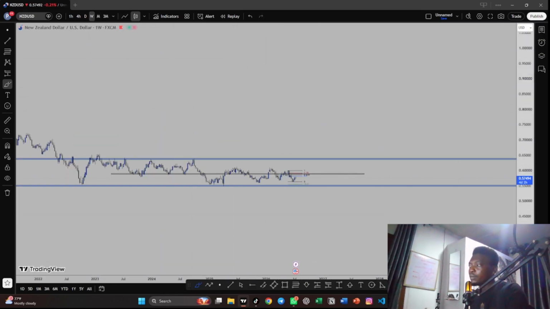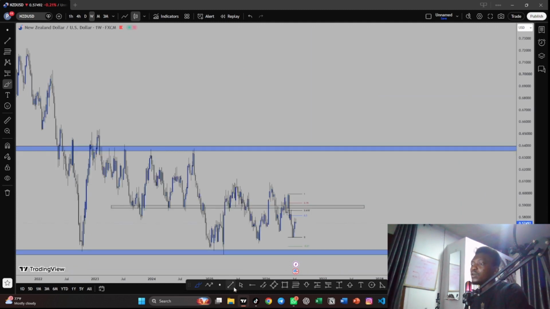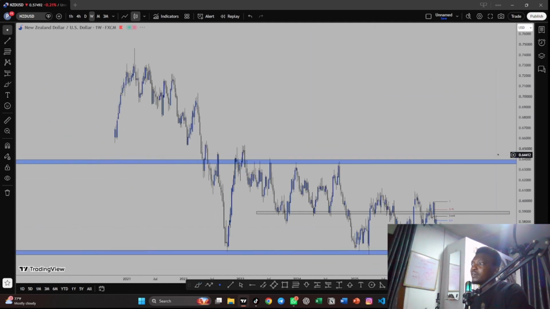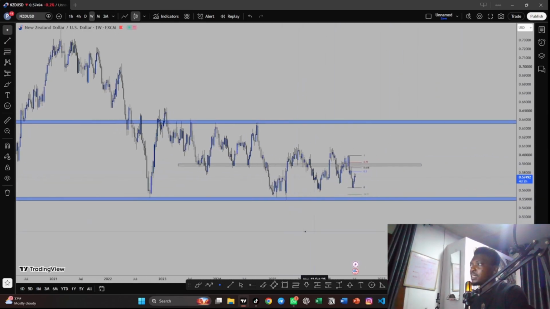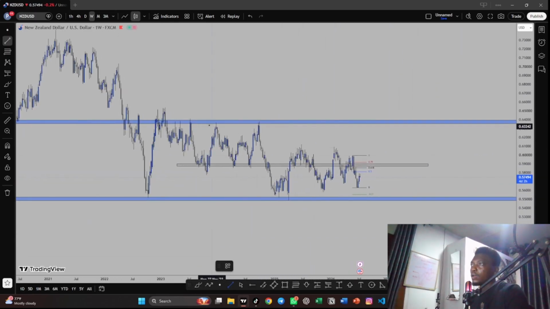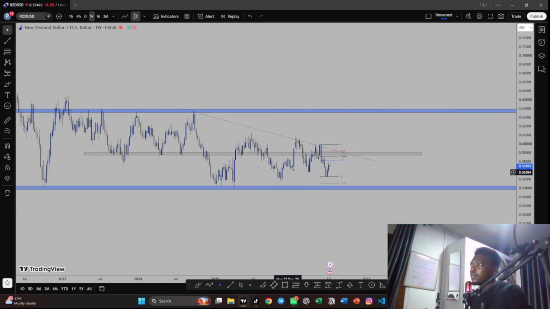So if we go down to the weekly chart, on the weekly chart right here, there is a pattern I spot here. I actually missed the trade somewhere right here. There's this trend line I have. So this trade right here, the candle moves very large.